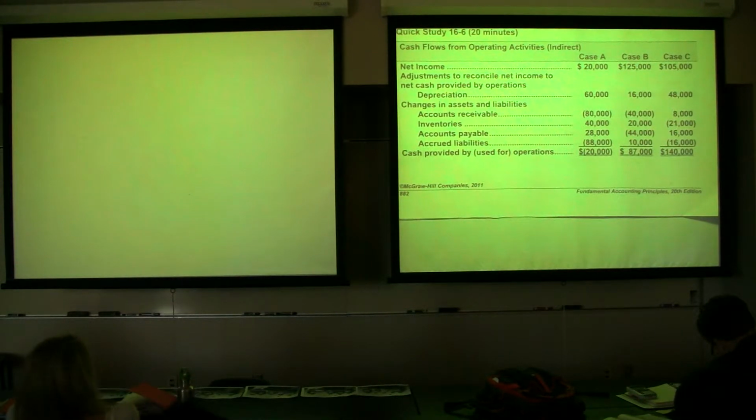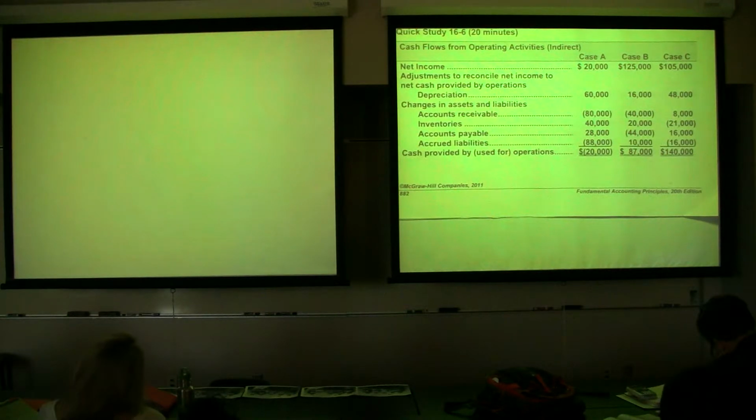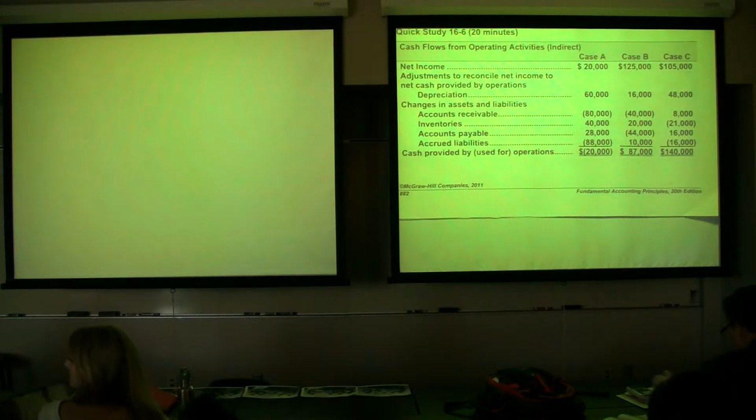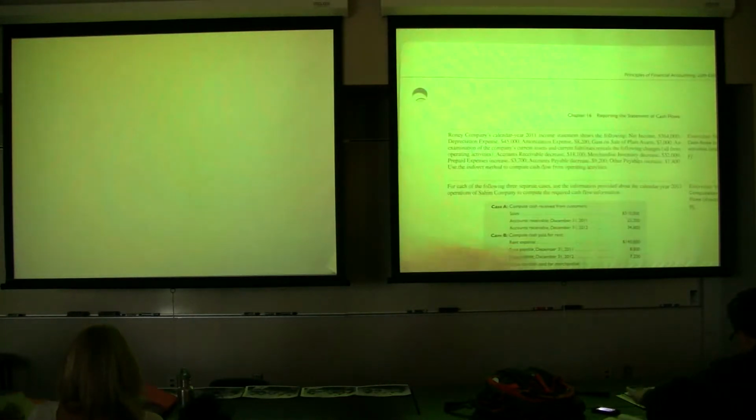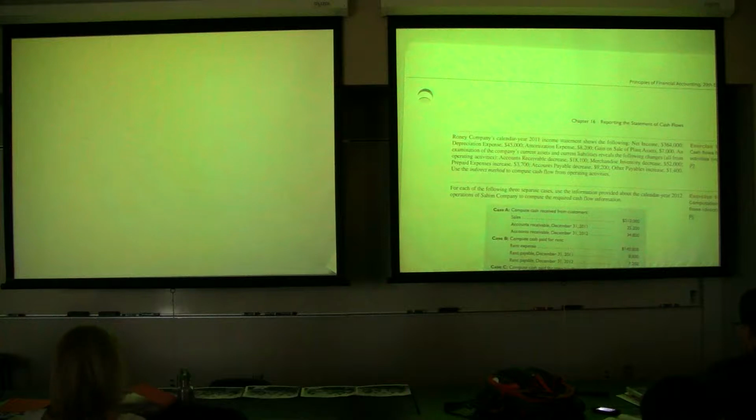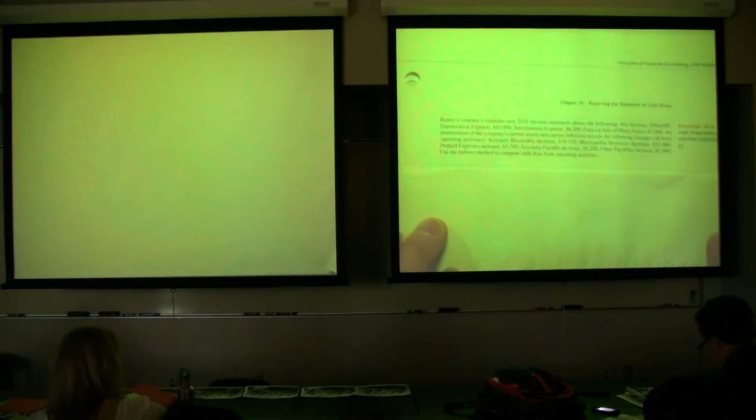Okay, here's 16-4. Now, the Rodney Company's calendar year for 2011. The income statement shows the following. So here they give you the net income, right? Okay. Then there's depreciation expense.